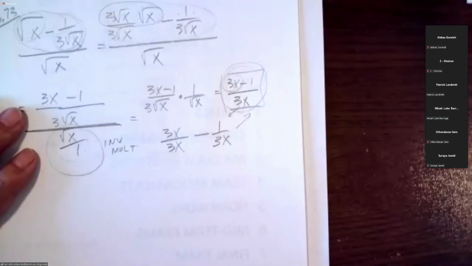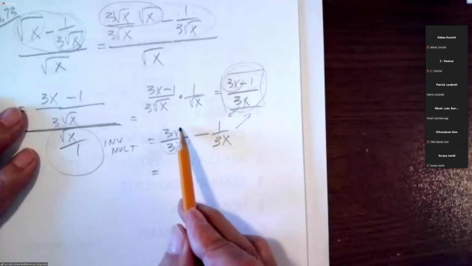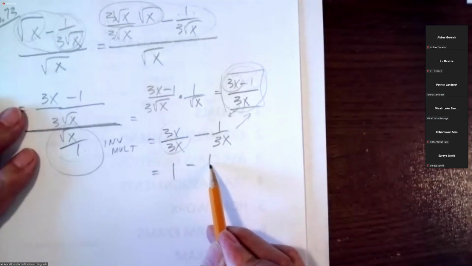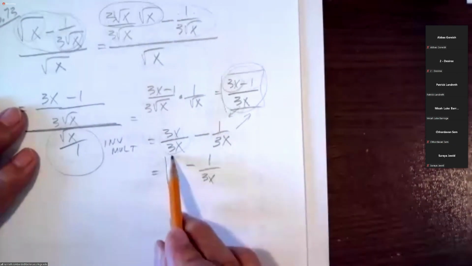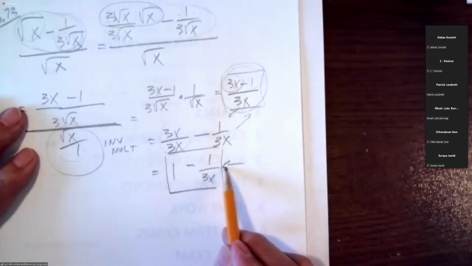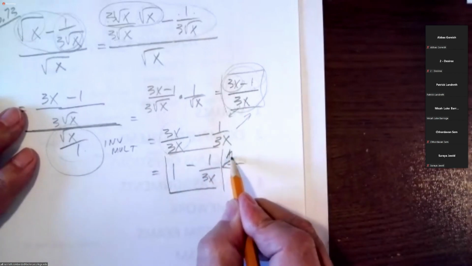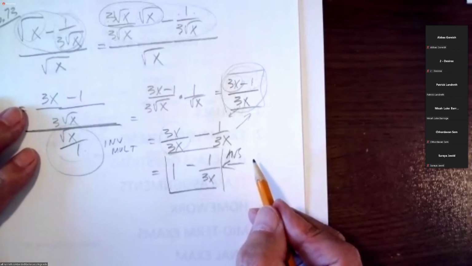The book says it's a little simpler this way because now 3x over 3x is 1, and then we have minus 1 over 3x. So the book author thinks this is a simpler answer. Makes sense?